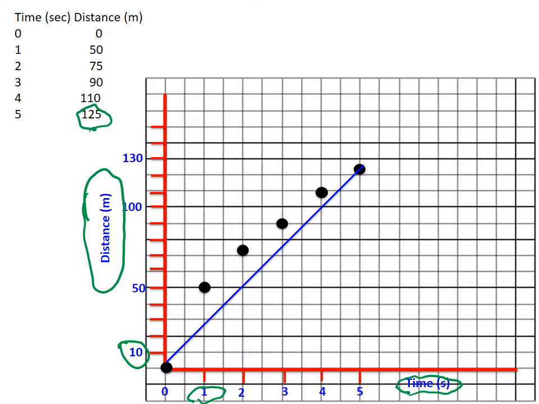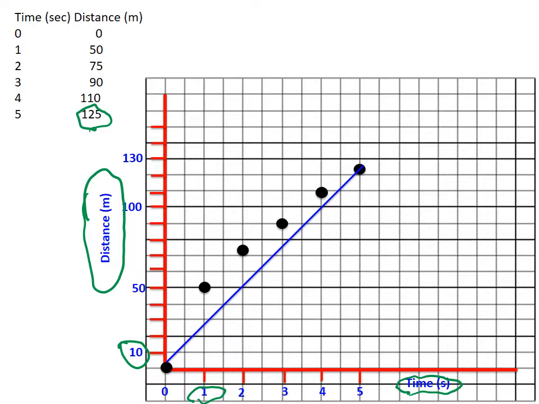And then I just simply plotted. So at 0, it's 0. At 1, it was 50 meters. At 2, it was 75 meters. After I did that, I drew a line the best I could to connect all the dots. So it would look like that when I was finished.